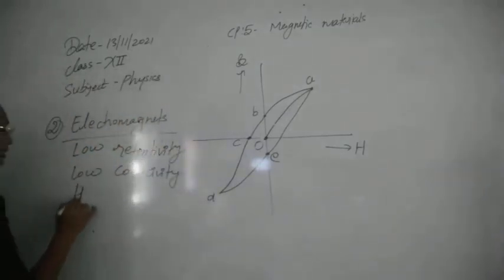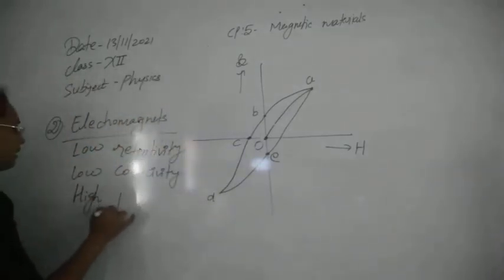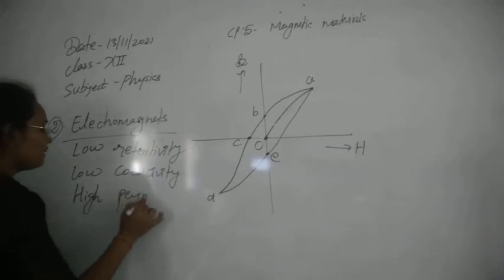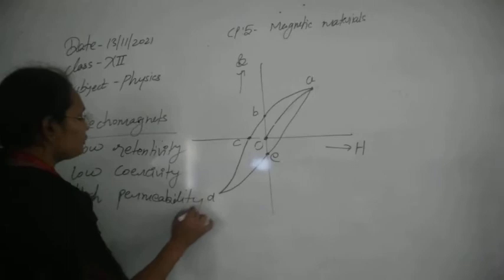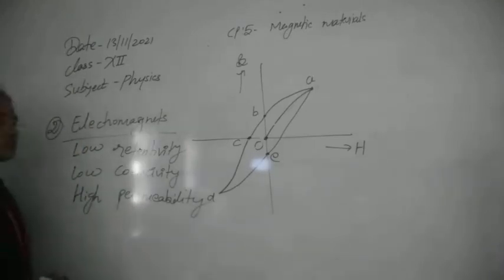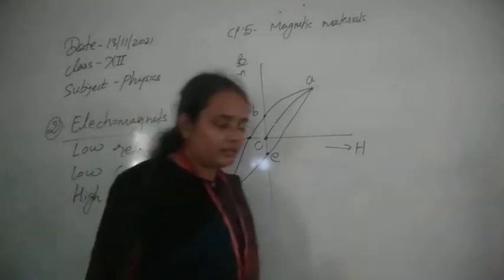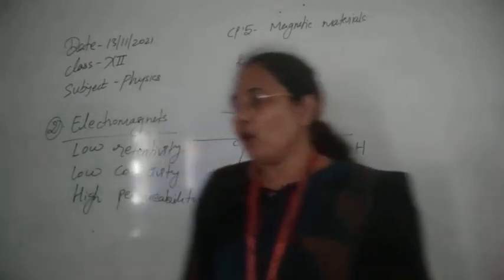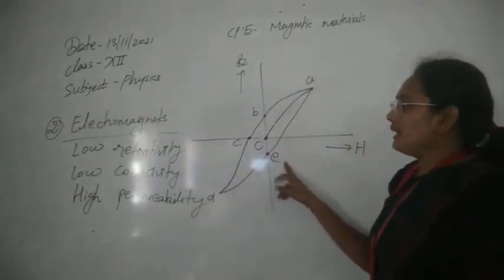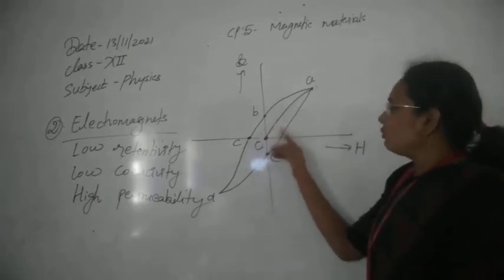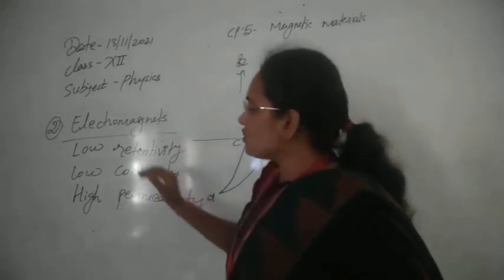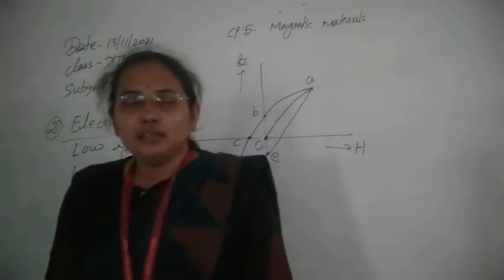So besides these two properties, the next property needed is high permeability. Due to this, to construct electromagnets we use soft iron, because if you plot the hysteresis loop for soft iron, it has a very narrow hysteresis loop, and OC and OB are very small. So we construct electromagnets with that.